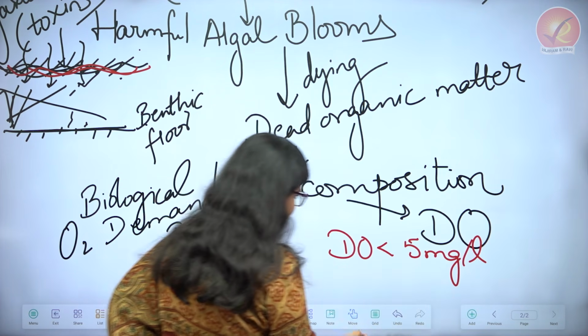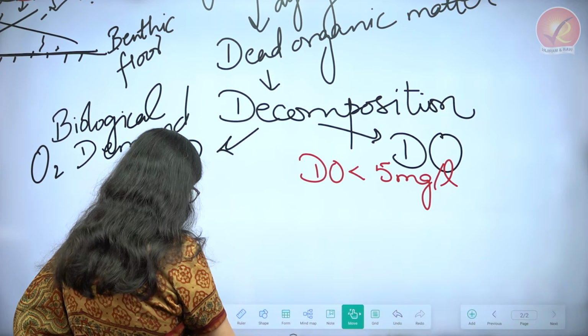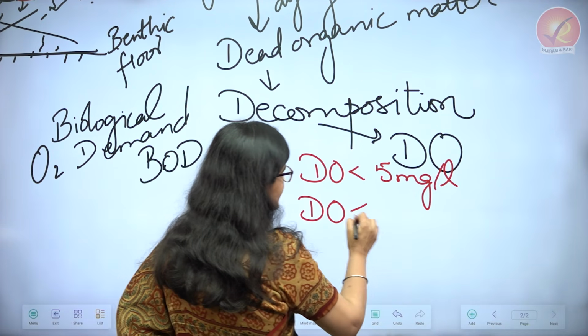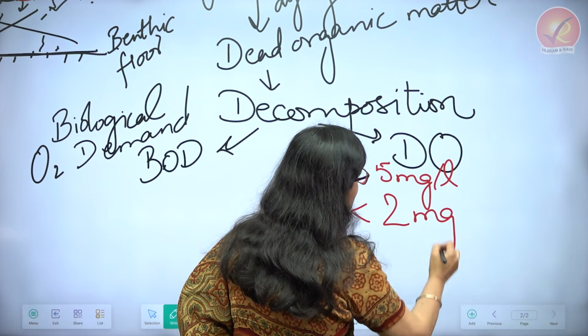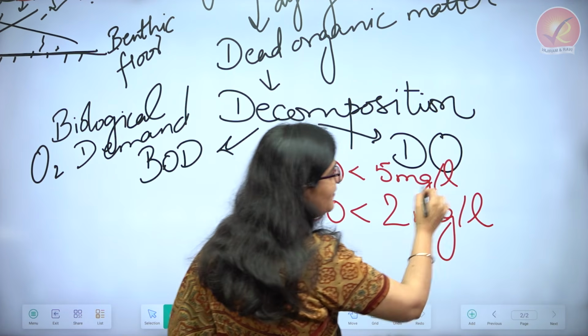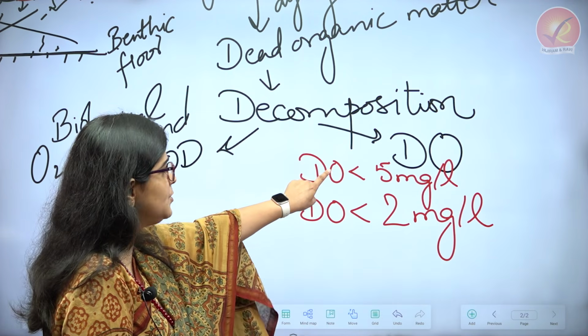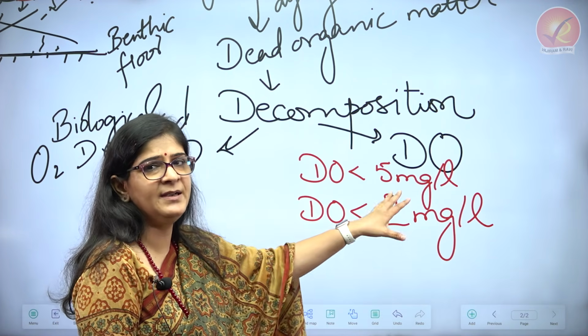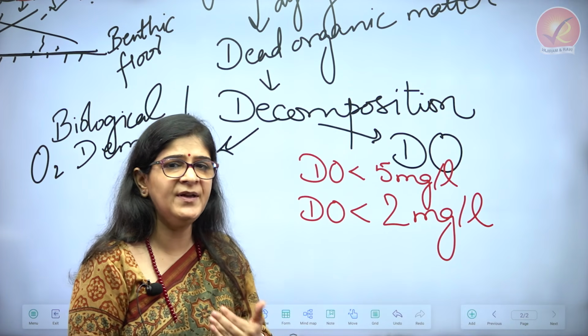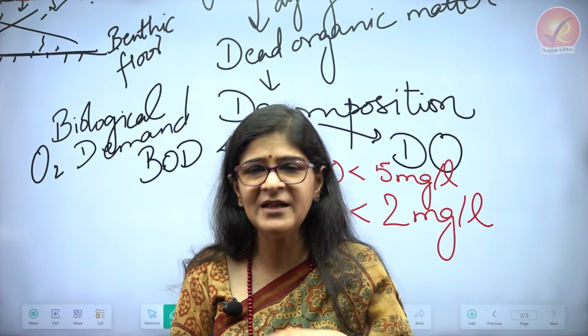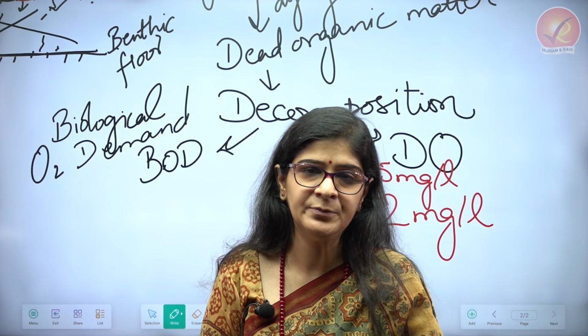Though there are certain books which say that a hypoxic water body is what we are going to call it once it becomes less than 2 milligram per liter. But less than 5 milligram per liter is going to create a hypoxic condition wherein it becomes very difficult for the bigger life forms like fishes, etc. to survive.